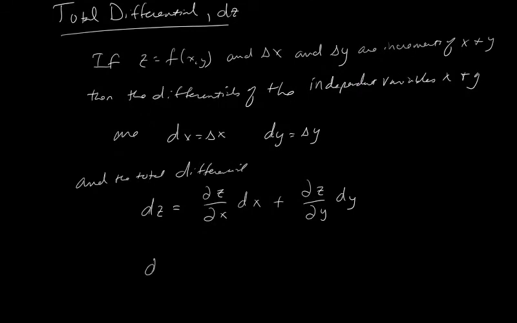Okay, so in other words, dz is equal to fx of x, y dx plus fy of x, y dy.